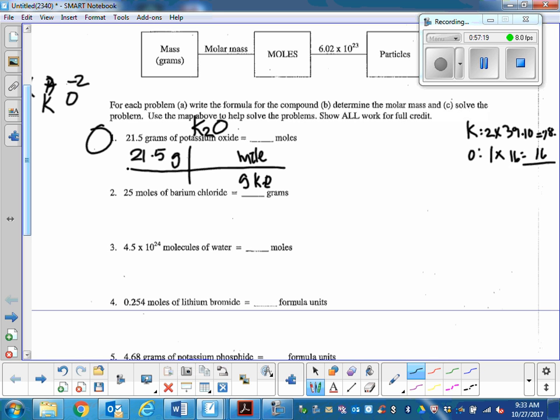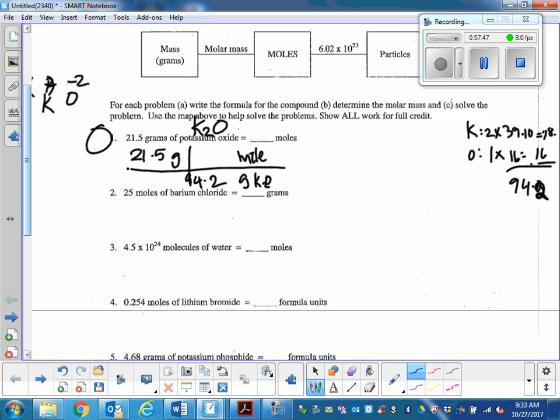So 2 times 39.10 plus 16. 94.2, sorry. 94.2 is the molar mass of K2O.